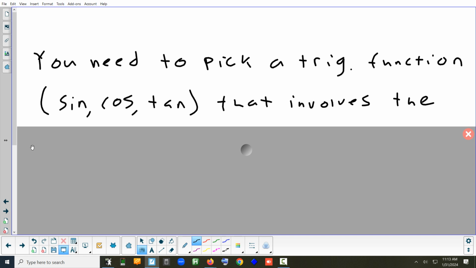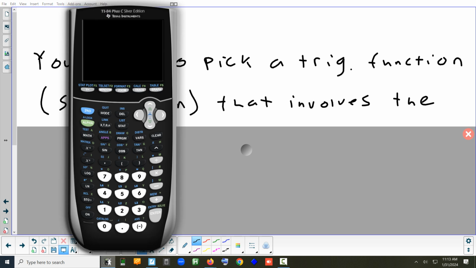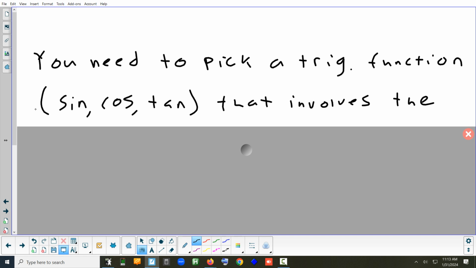So we focused on all 6 trig functions yesterday. Today, when we're solving triangles, we're only going to use these 3. The reason we use those 3 is that's the 3 we have buttons for in the calculator: sine, cosine, and tangent. So you're going to have to decide which trig function that you need to use. And the way you can figure out which one you need is you're usually going to have a side that you're trying to find.